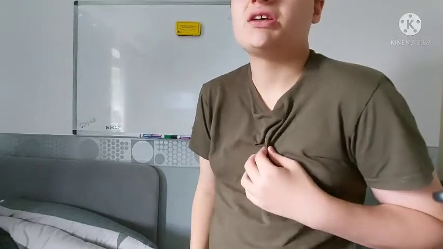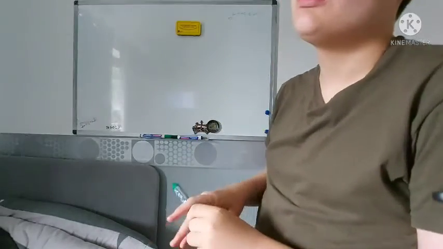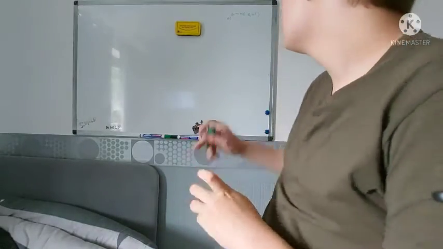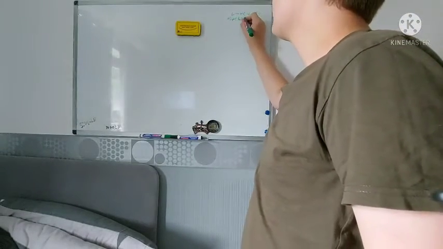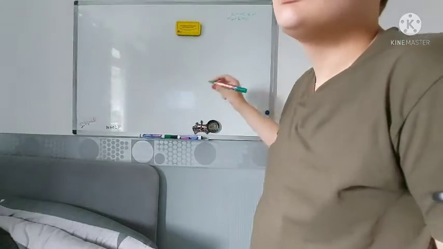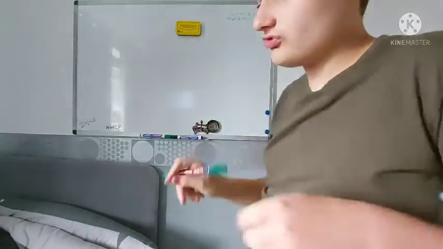Find the probability that a randomly selected battery will last for longer than 16 hours. Okay, well, the probability that the lifetime will be greater will be, well, let's put that straight into a calculator.